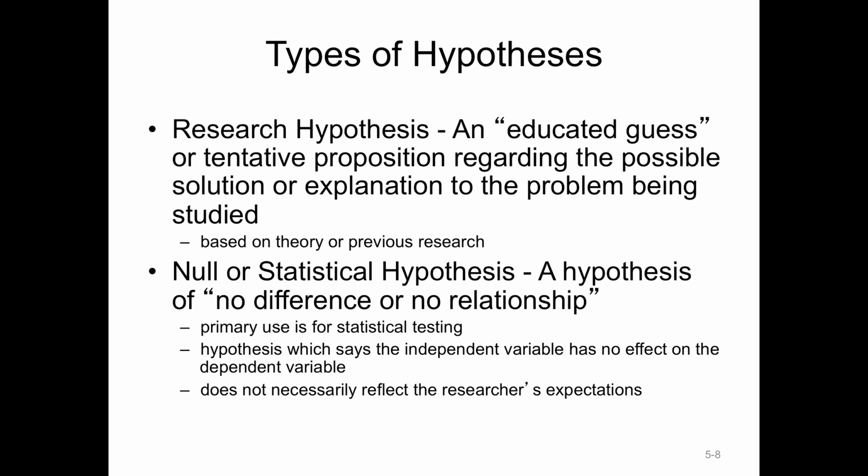There's the null hypothesis, and null is the opposite: there will be no difference or no relationship. We don't usually think about this null hypothesis, yet it's important for statistical testing. It states that the independent variable, remember independent is the one that is being manipulated, is going to have no effect on the dependent variable.